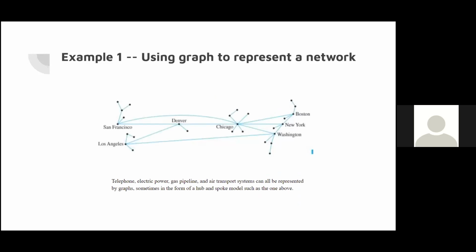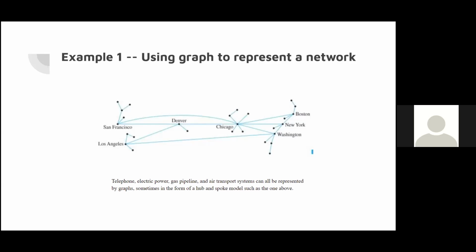As you guys probably know, many different things can be represented by graphs. Some of these things include telephone lines, power lines, gas lines, airport flight paths, or even the internet. These systems are often very complex.